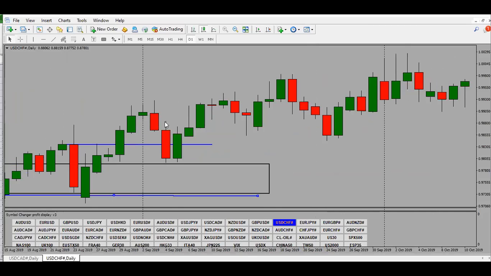Then price traded back, traded through, came back into this bearish candle, and you'll be looking for reasons to buy. Even if Donald Trump, even if Biden joins your Telegram group and says USD is selling, stick to this pattern, especially if you are new. Price is trading down into the order block.